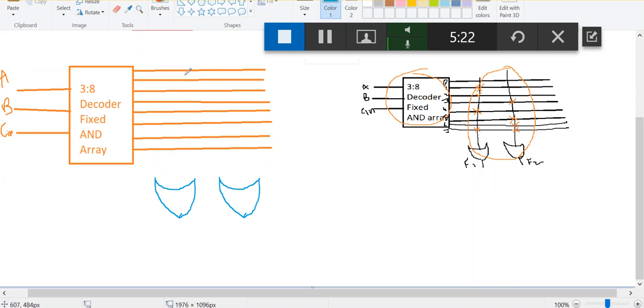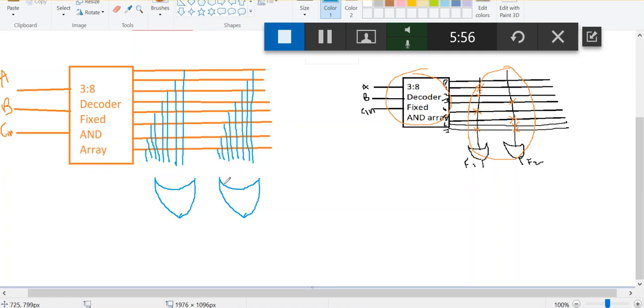So now connect all the lines. Now I am showing you. Connect all the lines like this, and in a similar way for this also connect all the lines with a cross mark.